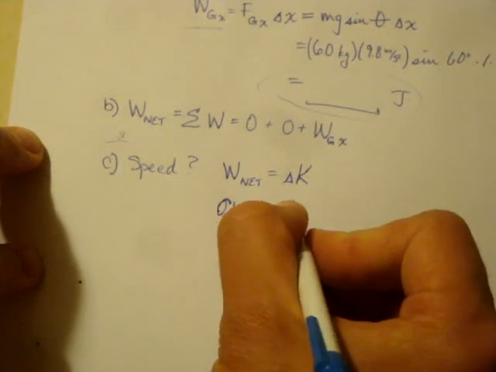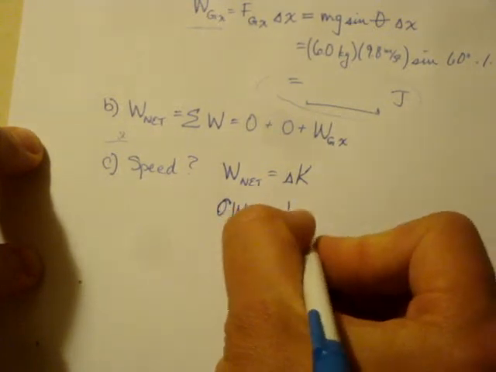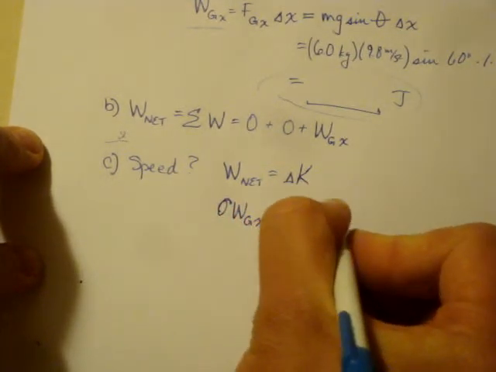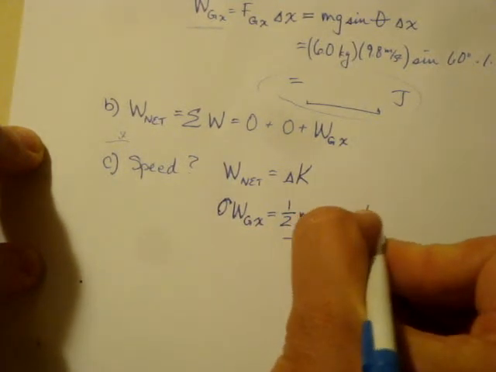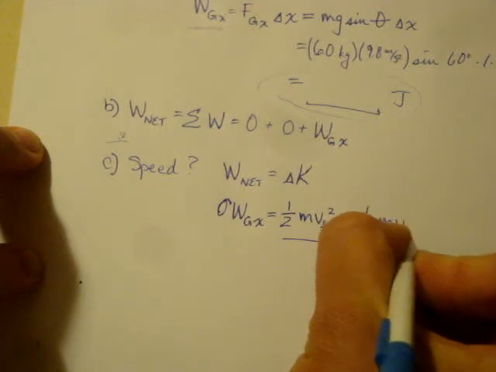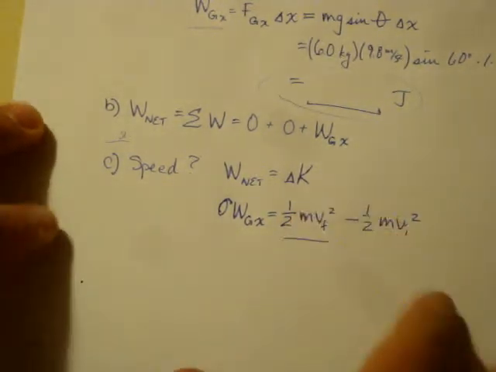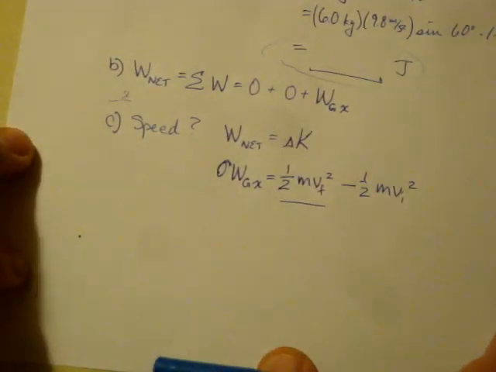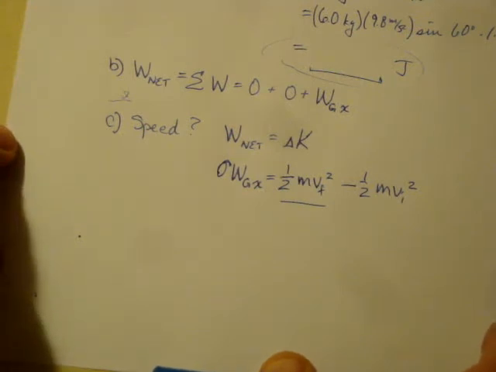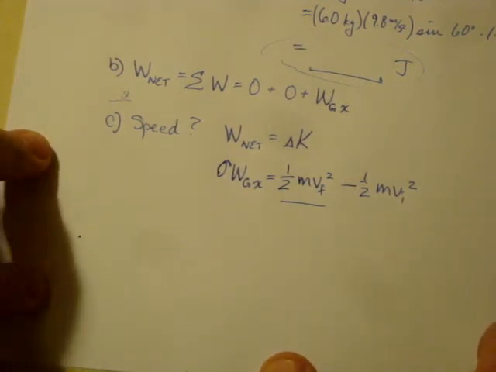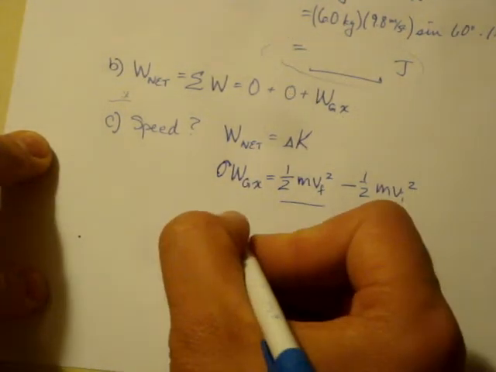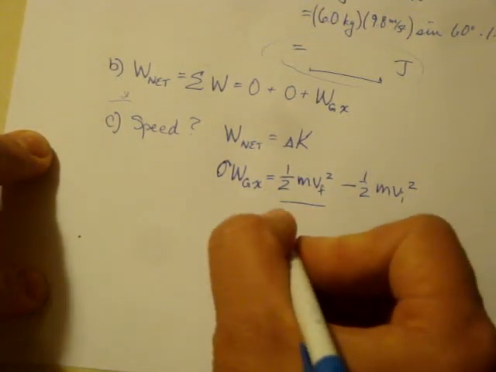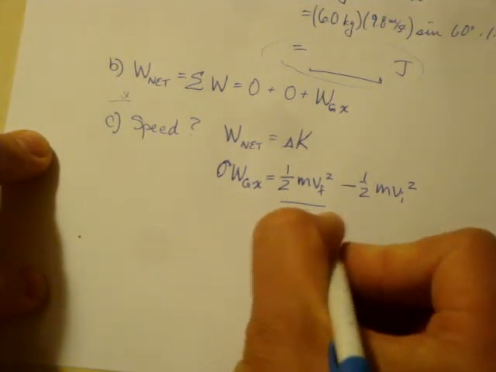and that is going to be equal to 1/2 m vf squared, the final kinetic energy, minus the initial kinetic energy, 1/2 m vi squared. In this particular case, it asks what is the speed of the block after it has slid 1.5 meters if it starts from rest. Starting from rest means that vi is equal to 0 meters per second.